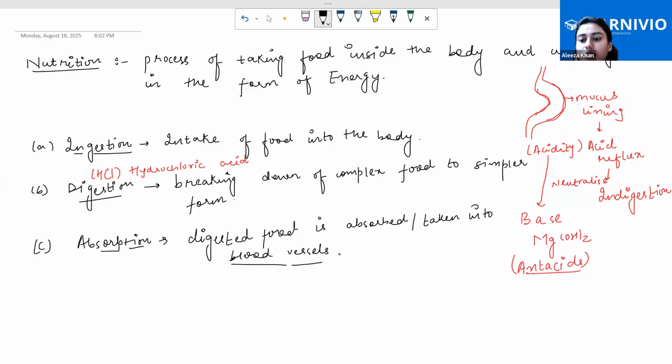Whatever is transported in your body, whether it could be oxygen, carbon dioxide, waste, or the absorbed material, all are taken by the blood to various organs in your body for their utilization. Got it or not? Yes, ma'am. Then the fourth process is assimilation. Do you know what assimilation is?